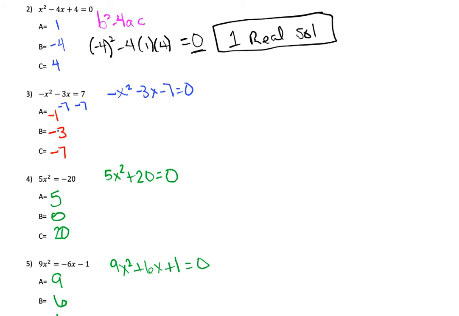Number 3, my b squared minus 4ac, my b squared would be negative 3 squared minus 4 times a, which is negative 1, times c, which is negative 7.